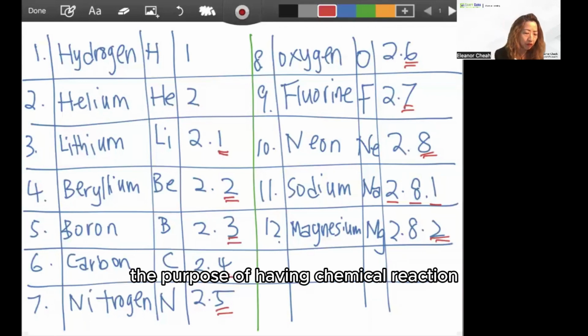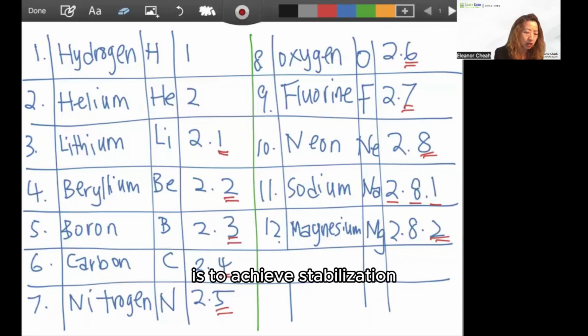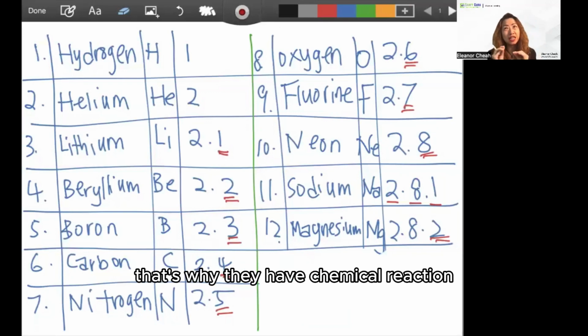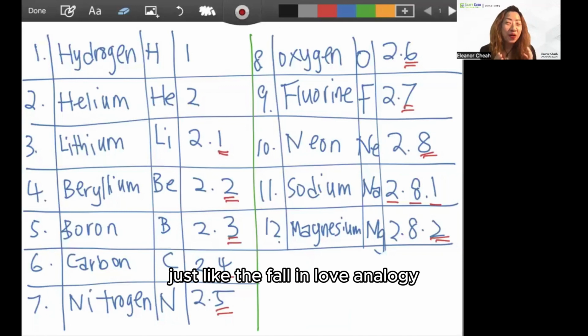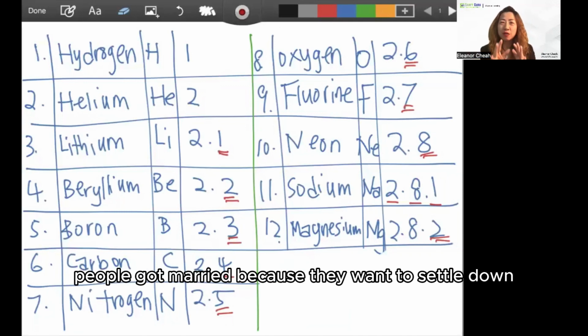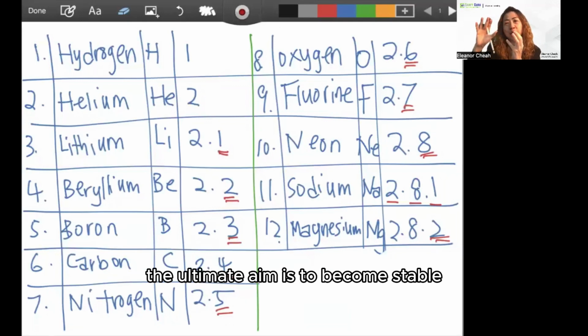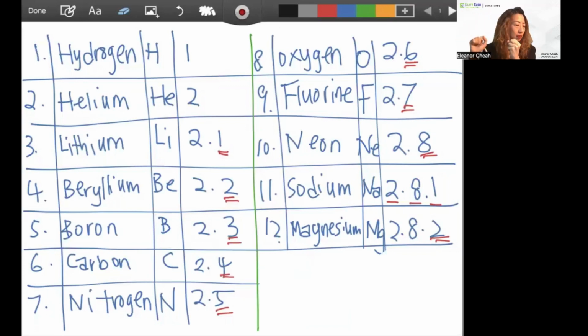The purpose of having a chemical reaction is to achieve stabilization. They want to be stable. That's why they have chemical reactions. Just like the fall in love analogy, people get married because they want to settle down, they want to build a family, they want to be stable. So having a chemical reaction, the ultimate aim is to become stable.